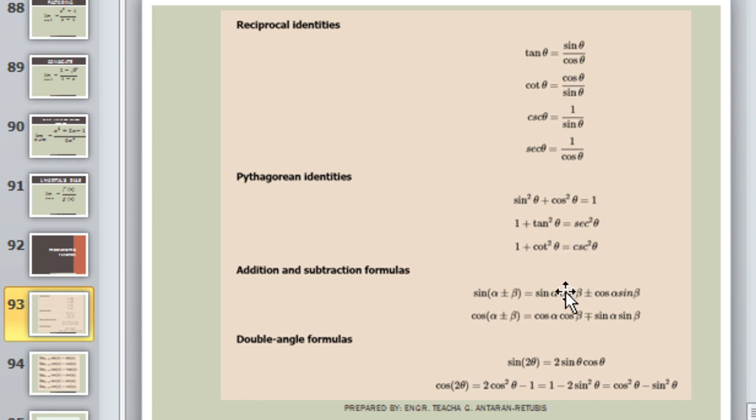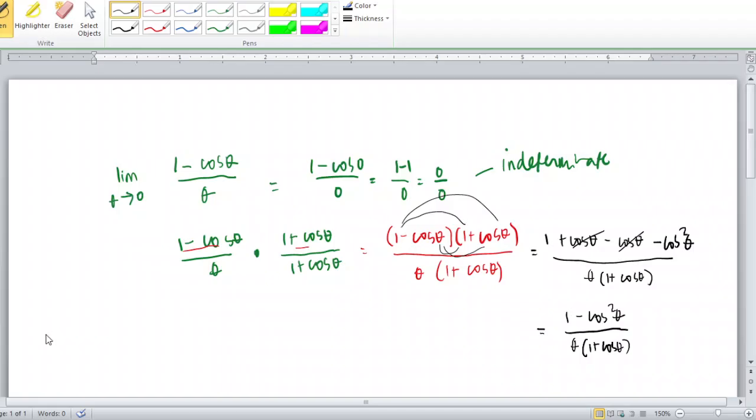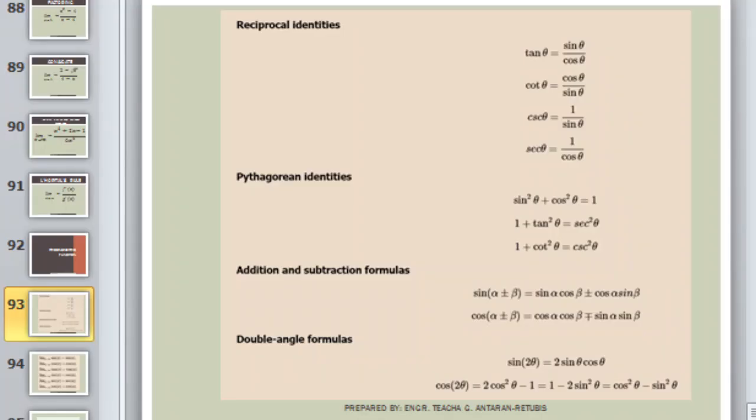Eto kasi 1 minus cosine squared theta. Tama? Ito 1 minus cosine squared theta. So, hanapan natin siya ng equivalent.